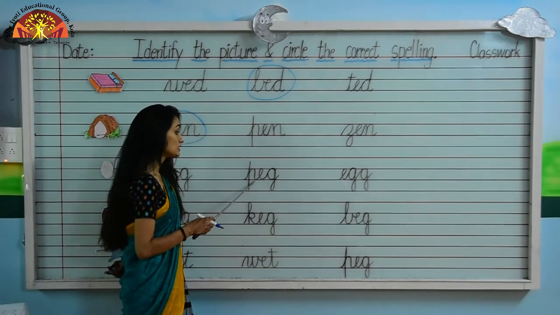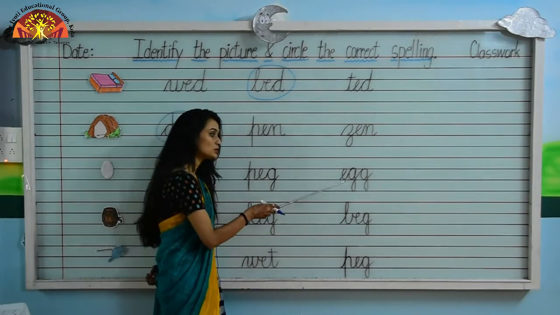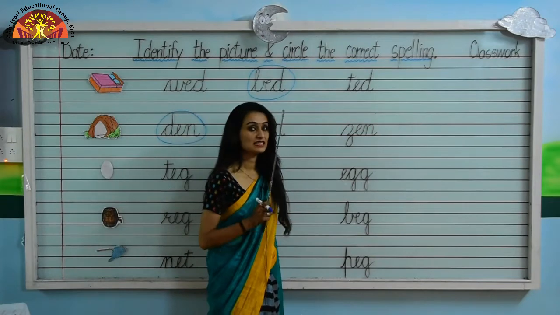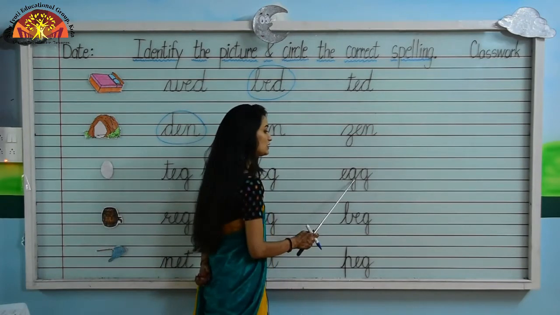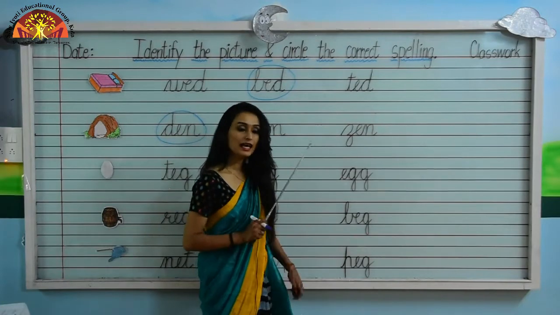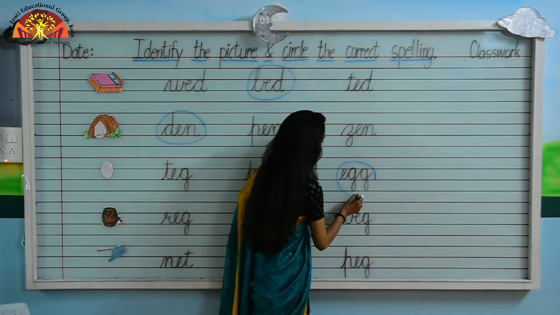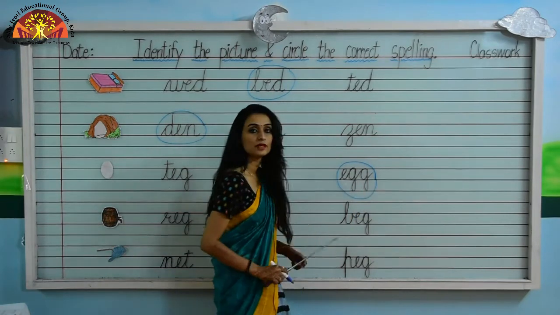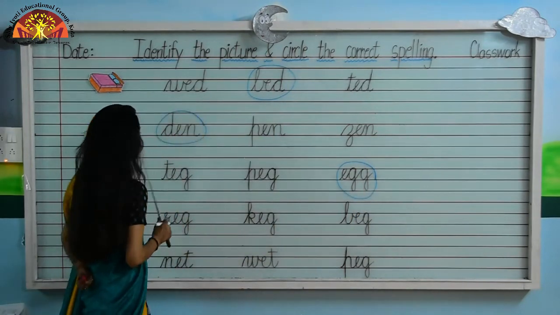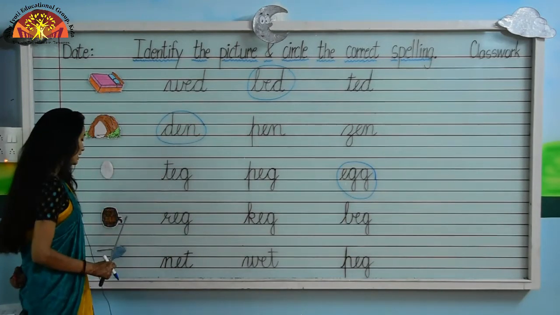No. This is P-E-G, peg. Is this one? Yes. This is the correct one. E-G-G, egg. So kids, we will circle the spelling like this. Very nice. Come to the next one.